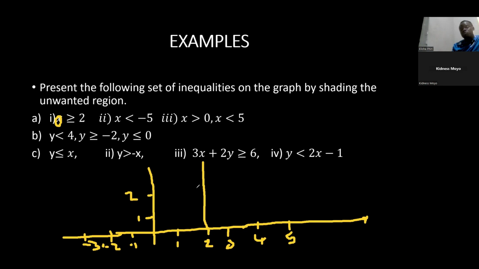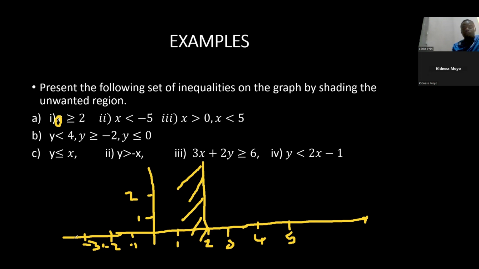So now the solution set is this side, right? That's where the numbers which are greater than or equal to 2 are. So we are shading the unwanted region, the part where the solution set isn't. So we are done.